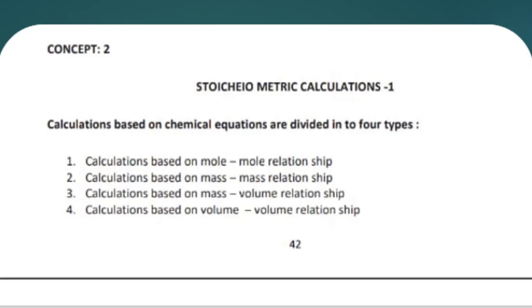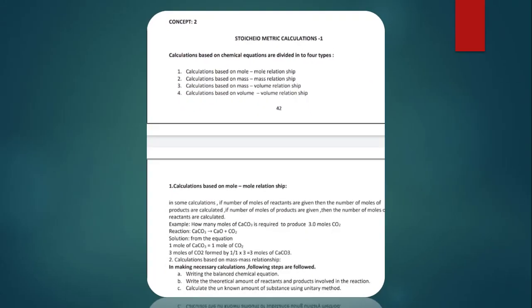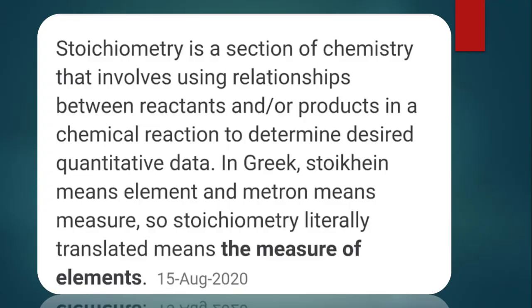Stoichiometry is a section of chemistry that involves using relationships between reactants and products in a chemical reaction to determine desired quantitative data.